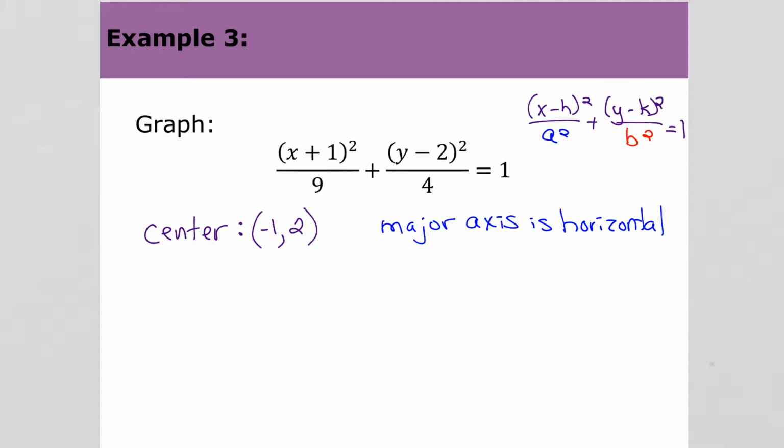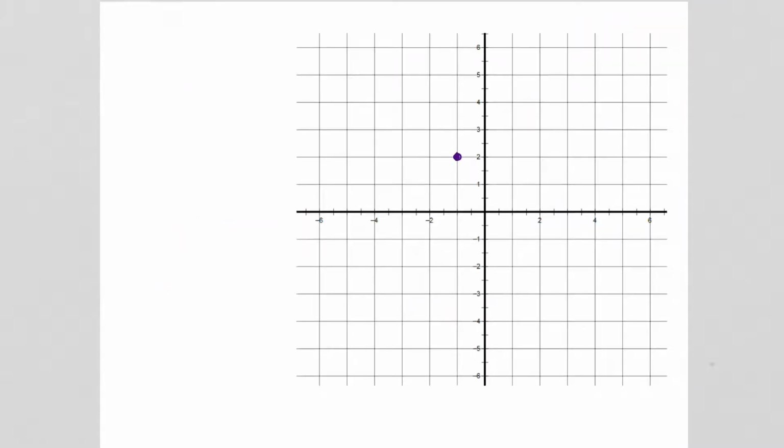So the first step then is to find a. A squared is 9. So a would be plus or minus the square root of 9, which is 3. That will help us find our vertices. So what I do is I go over to the graph, and from the center, horizontally, I'm going to count 3 to the right and 3 to the left.